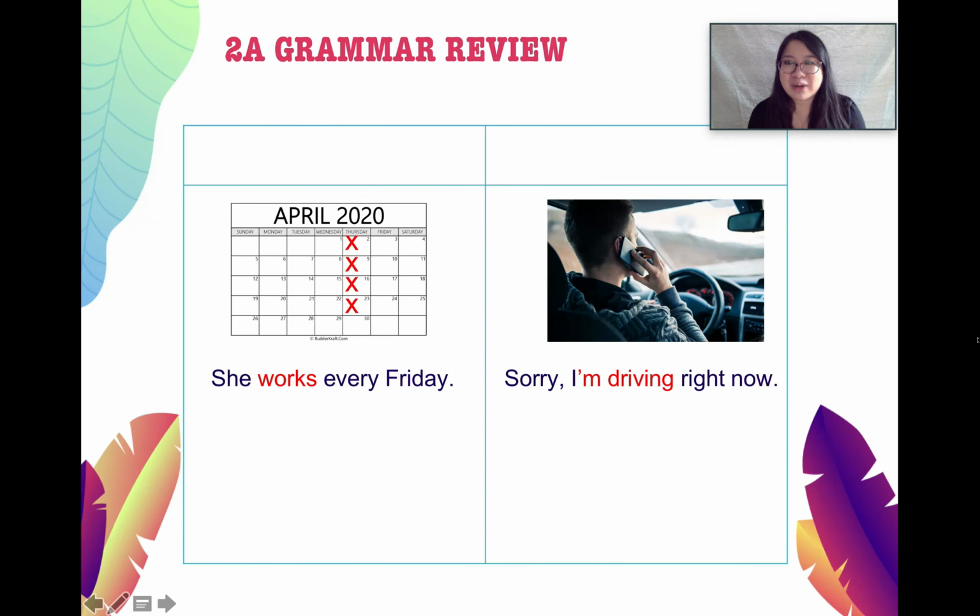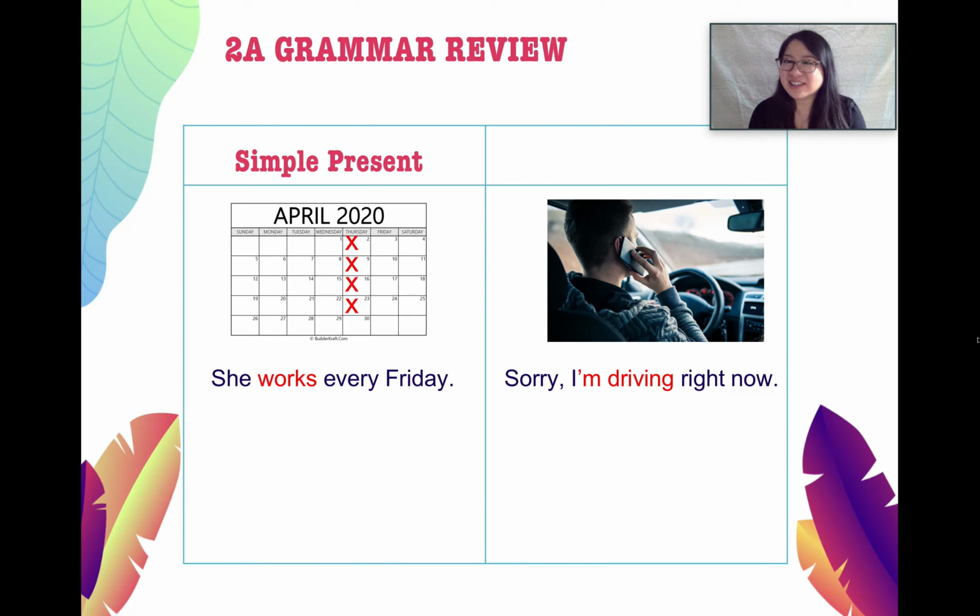Next, the grammar. In this grammar point, we had two different verb tenses that are similar but used for different reasons. Let's look at the first example sentence. We can see a calendar and a sentence with the verb in red. She works every Friday. Can you remember the name of this verb tense? Very good. It's the simple present.